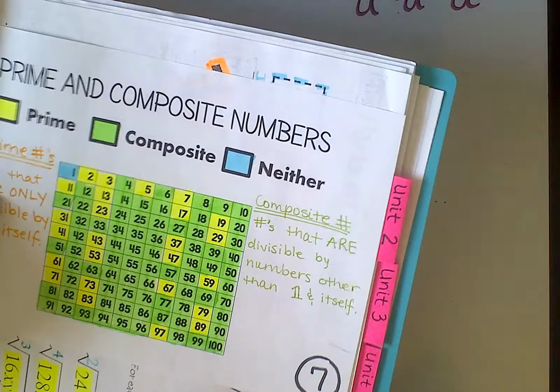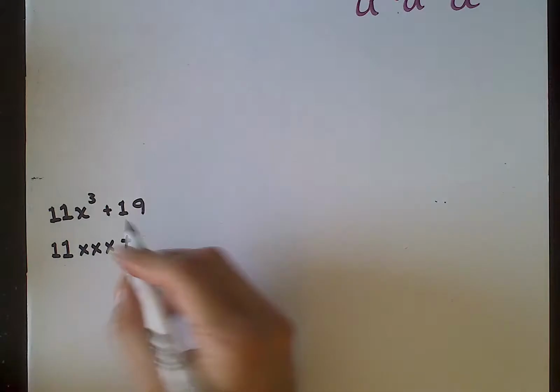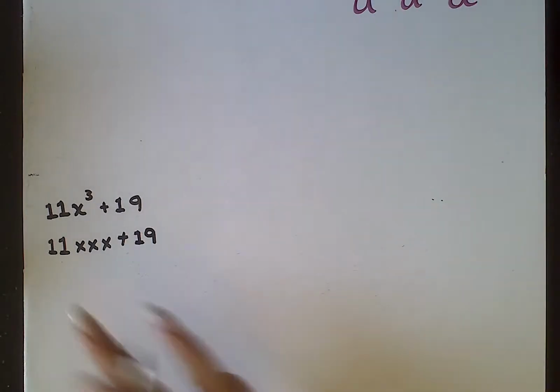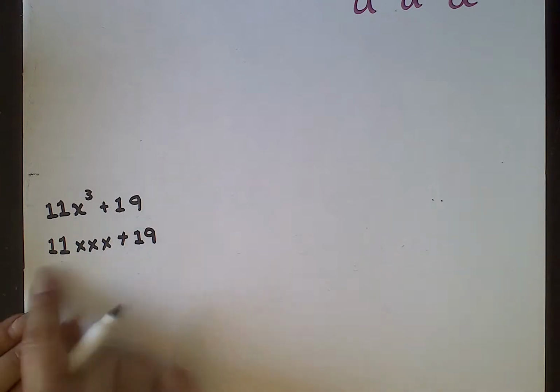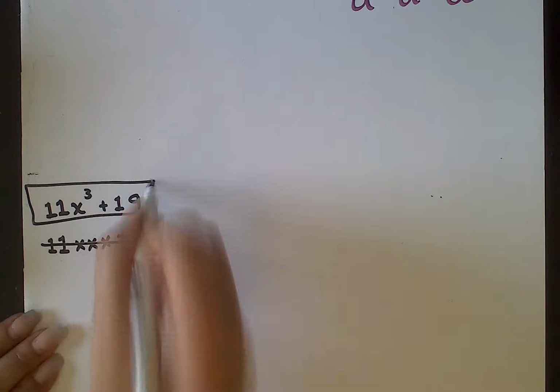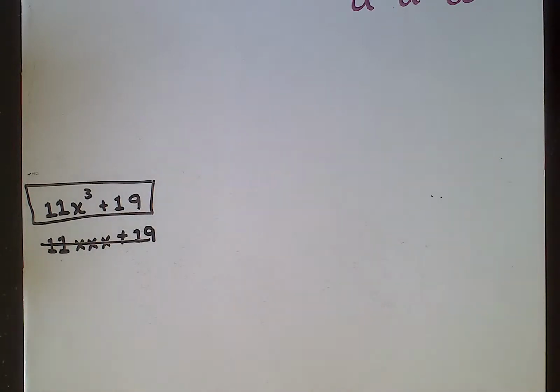That means it's prime. So I'm going to bring down 19. And just like it states, if your GCF has nothing in common, you just retype the exact same thing. If it has nothing in common, it's already in its prime factored form.